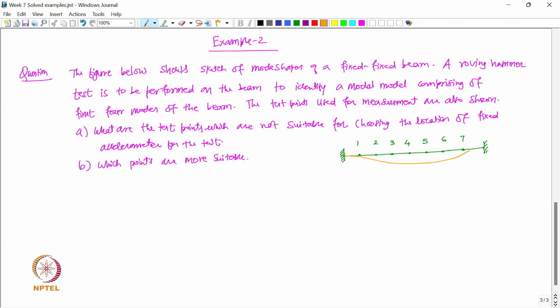Trying to roughly sketch it like this. Is the first mode shape. Then we have the second mode shape here, which is given, and here this is the second mode shape, right.